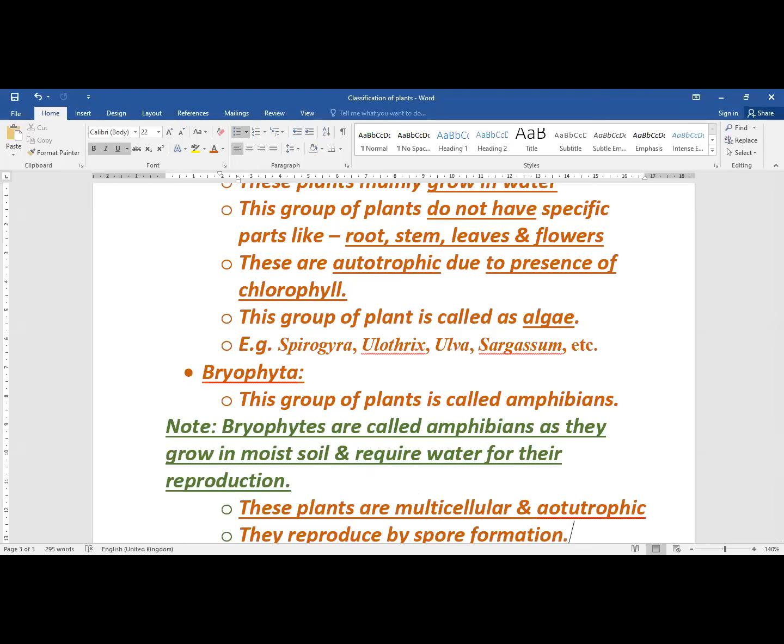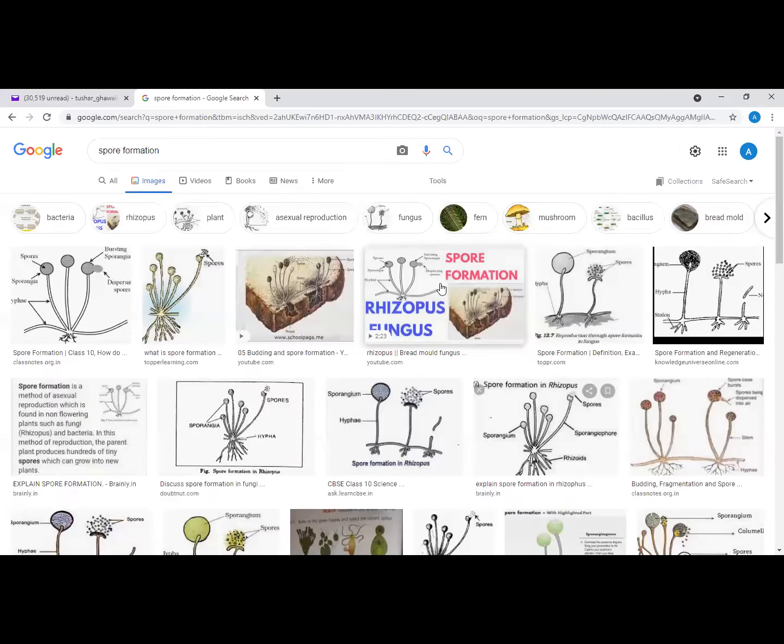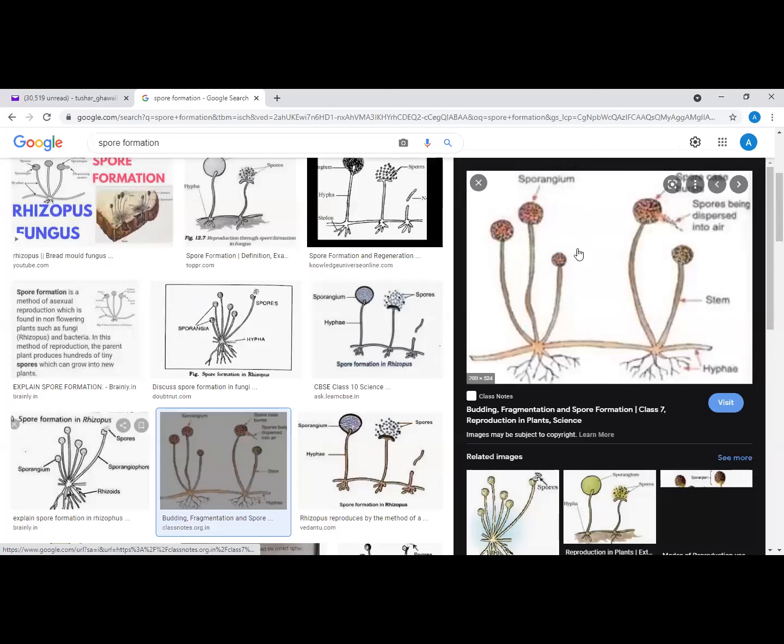So let me show you what spore formation is. Let's go through it. Like we studied in fungi, we studied the sporangium in fungi. Can you see this spore here?